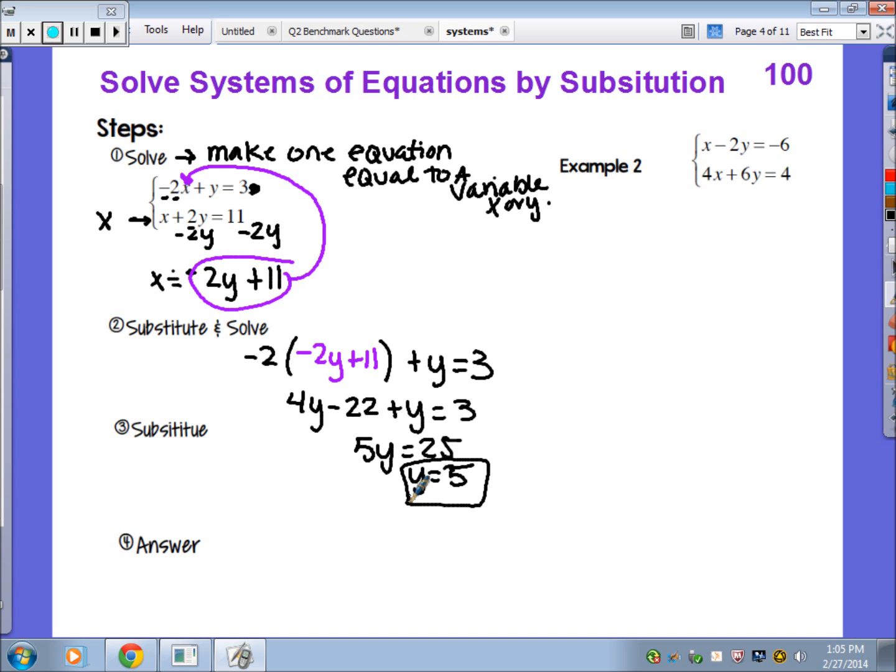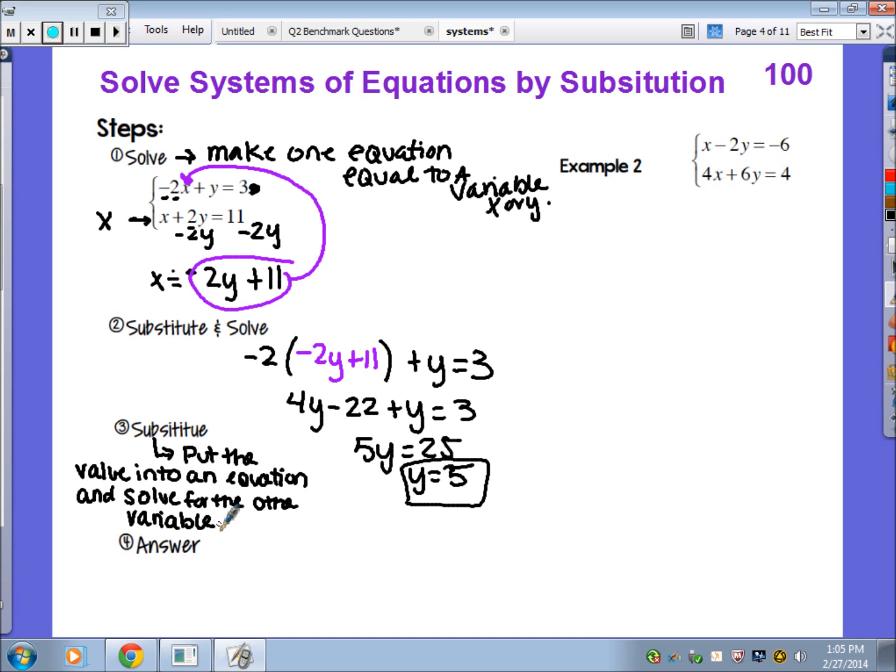In order to find the x point, we're going to go back and substitute the value into an equation, doesn't matter which one, and solve for the other variable.